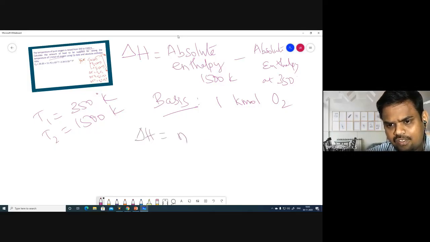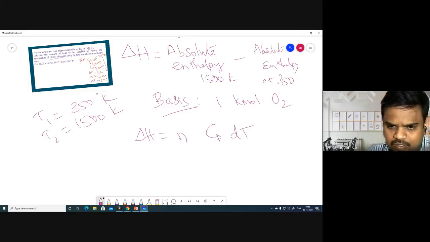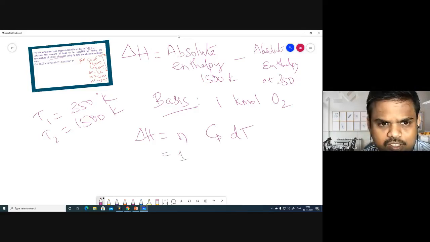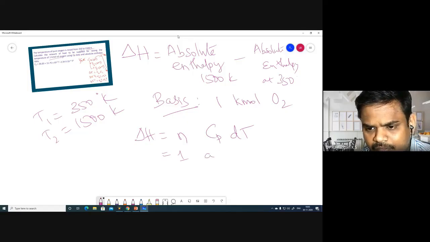N into Cp dT. The general formula I have told you just now. Here N is 1 kilomole, into the Cp value, which is given, so let us write it in the form of A plus BT plus CT square dT.